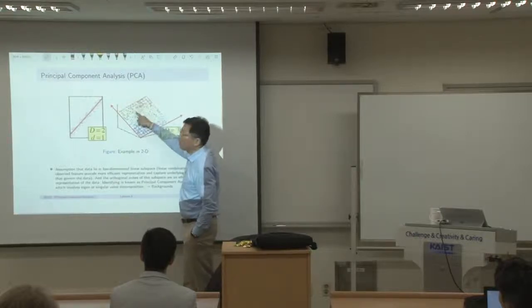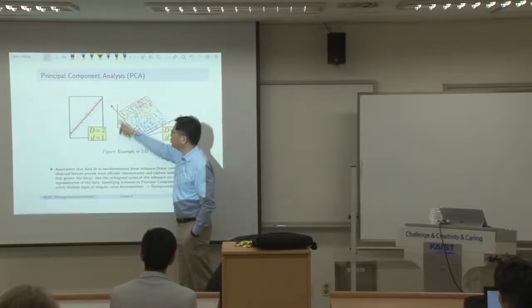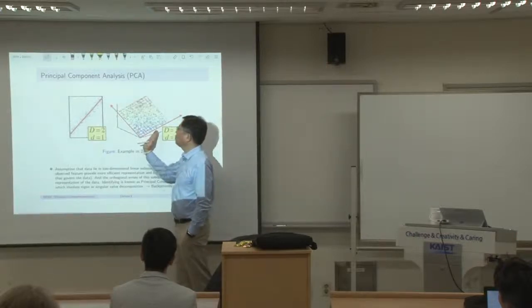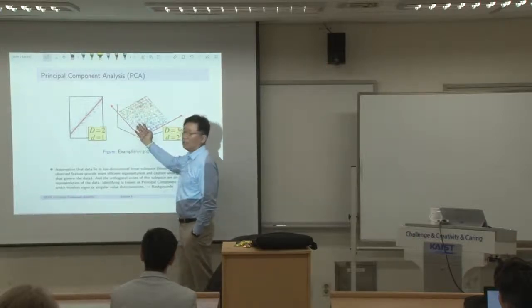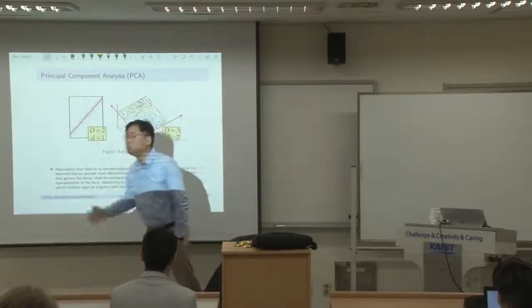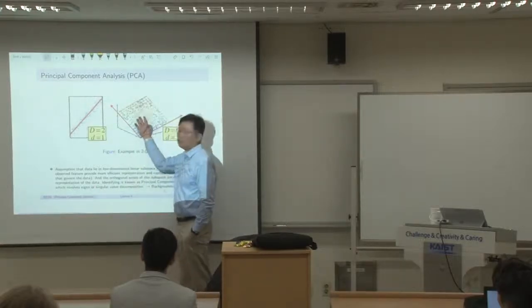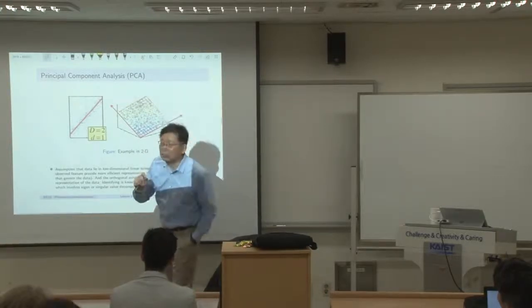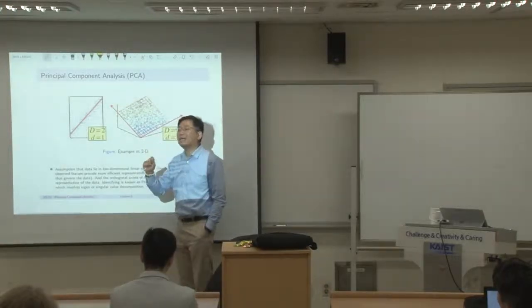So this data is lying in a three-dimensional space. You subtract out the mean value, then you find the covariance matrix of this data, and then you pick out two eigenvectors with the highest eigenvalues.